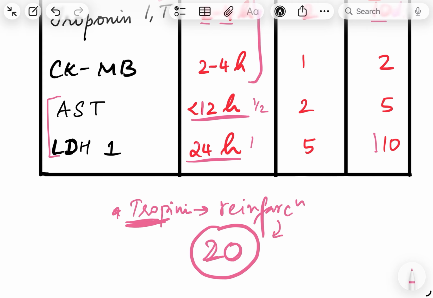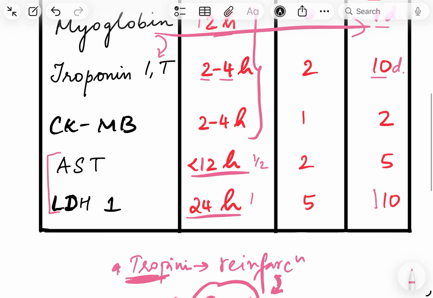For reinfarction, if troponin increases by more than 20%, this indicates a reinfarction. So you do serial monitoring, and if troponin increases by more than 20%, that is an indicator of reinfarction. Just remember this one thing, tro for 2 and 2, that's basically 20, and 2 and 10.